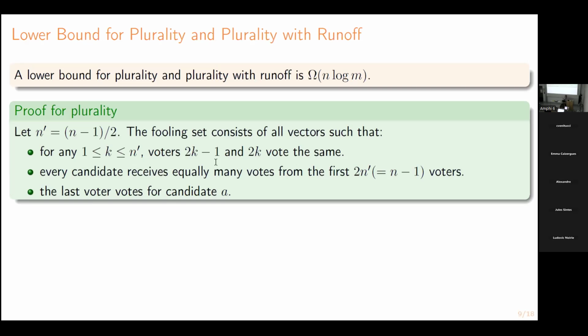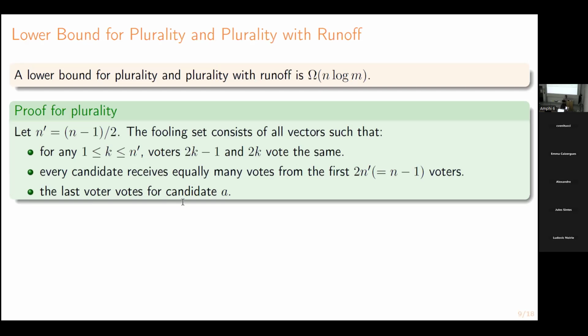So instead of A, you just put B. And in this vector, B will win because it will have one more vote than A. So you have a pair where, if you mix, you indeed end up with another candidate winning with plurality.